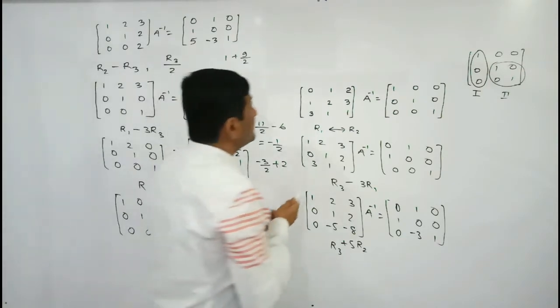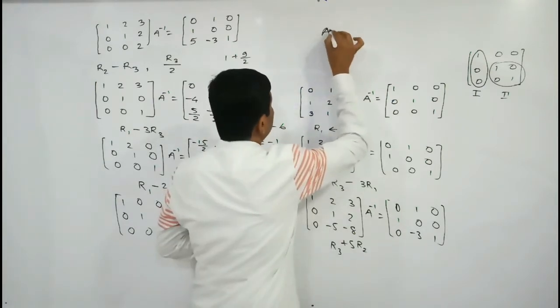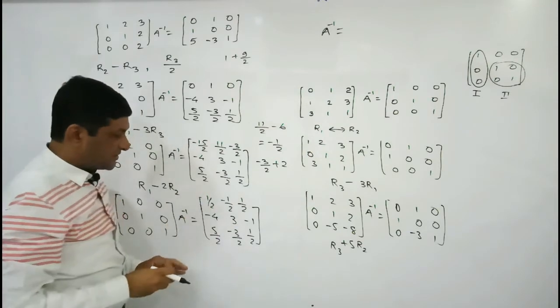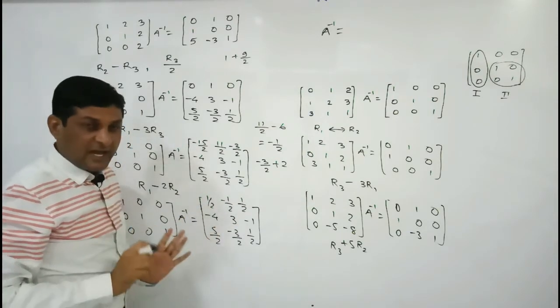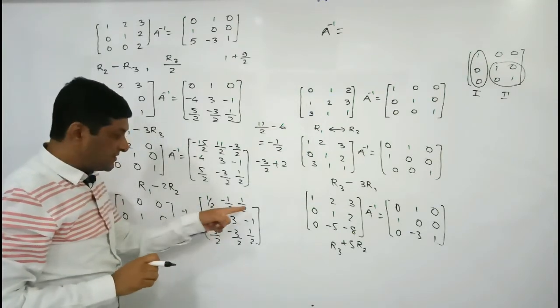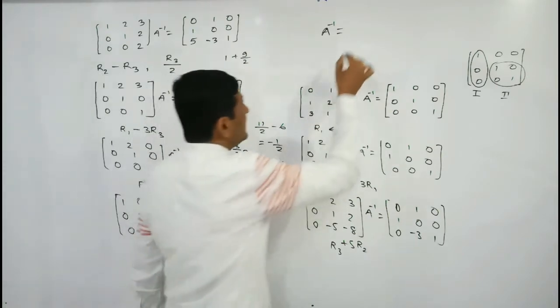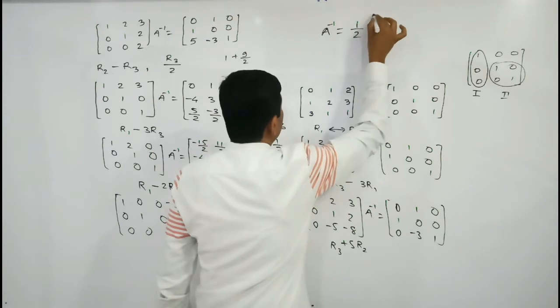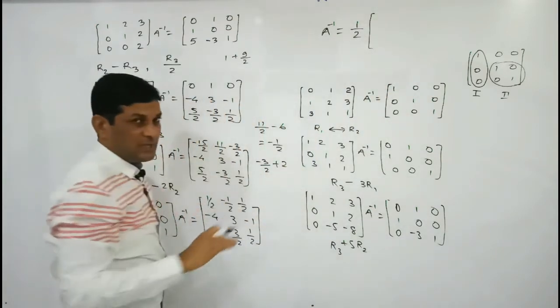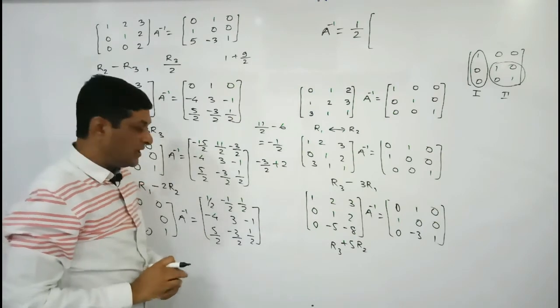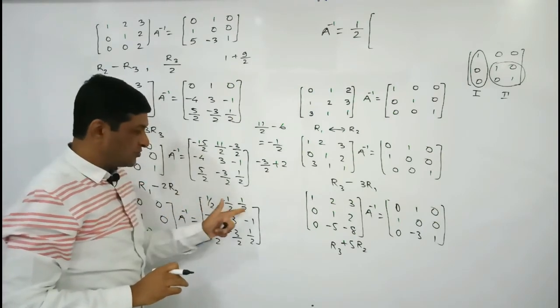Now identity into A inverse will be equal to A inverse, which is equal to, if you observe, the elements are fractions, and to avoid this fraction observe the denominator of the fraction, that is 2. So if I am dividing by 2, we can multiply by 2. As we are dividing by 2, multiply each element by 2. If I am multiplying by 2, 2 will get cancelled.